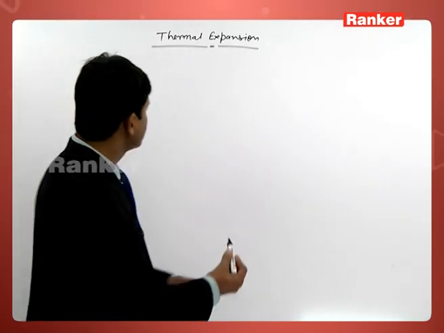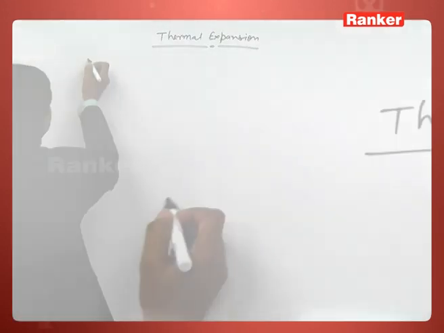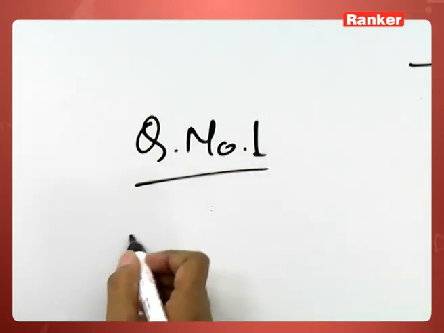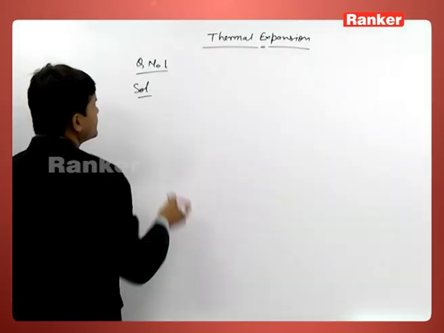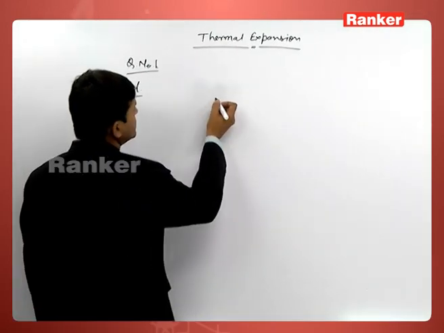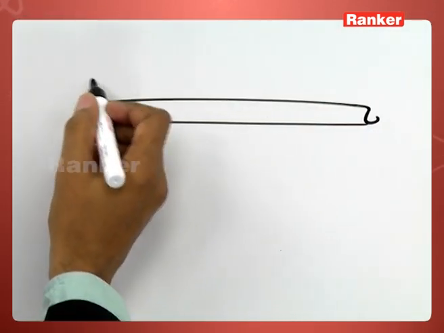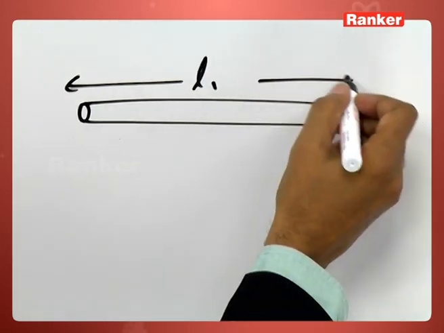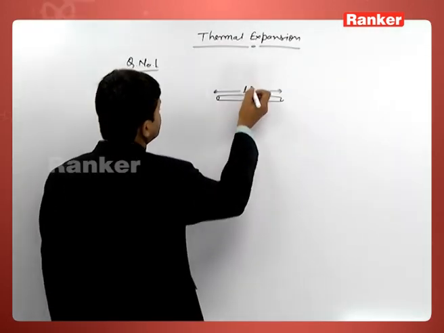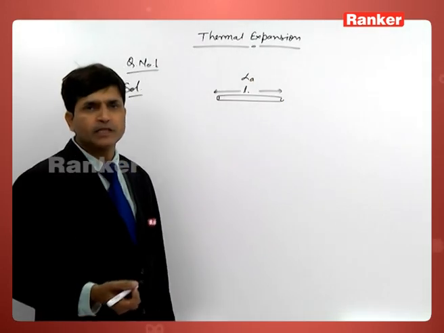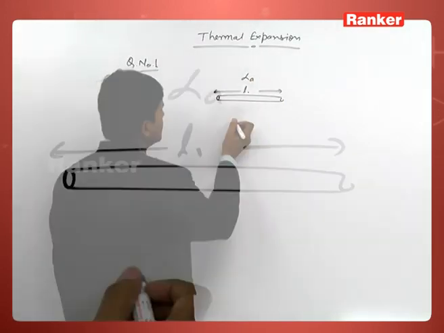Now see how to solve this problem. So this is question number 1. As per the question, it is given that there are two rods, aluminium and steel. Aluminium has length, let's say L1, and its coefficient of thermal expansion is alpha A. This is aluminium.